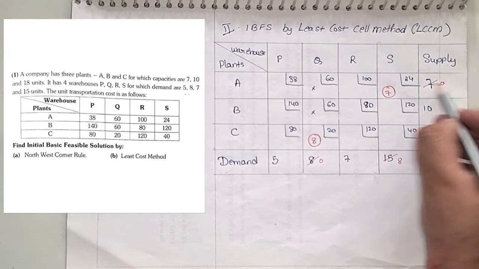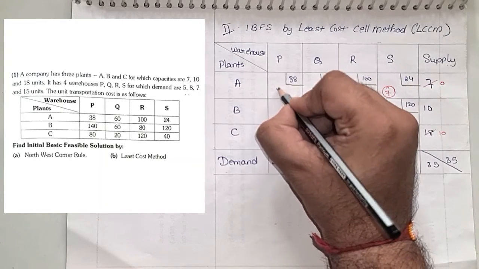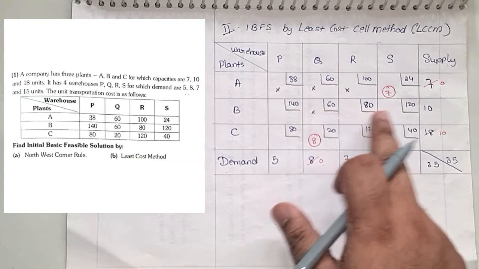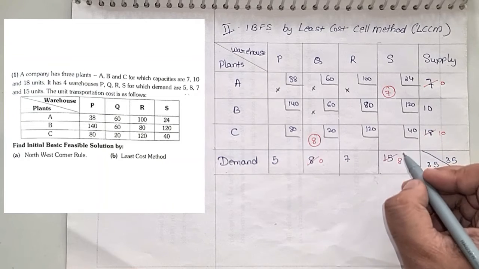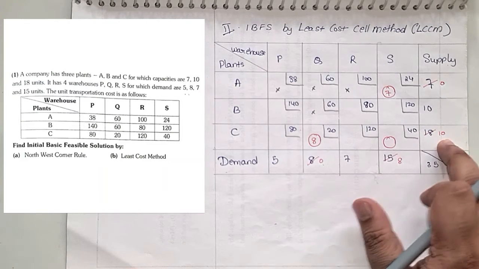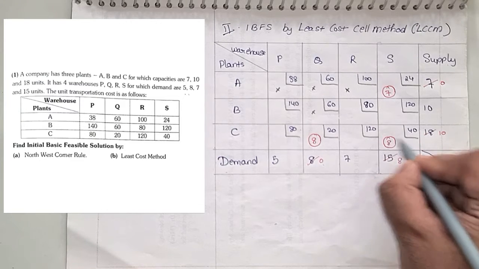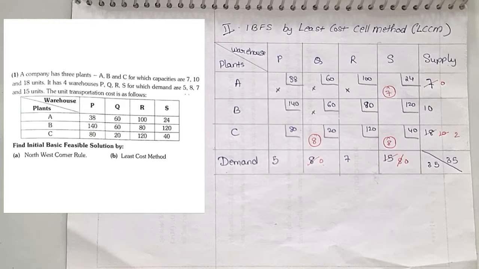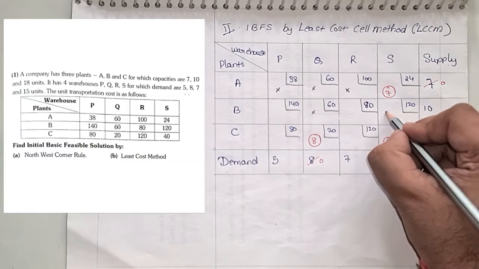Since supply is 0, none of these cells can be occupied now. Now from the remaining, check the next lowest value: 140, 80, 120, 40. 40 is the lowest value, so this will be the next cell. Demand is 8, supply is 10. I can fulfill the entire demand. 2 is still pending. Again this has become 0, so I can't use this cell now.